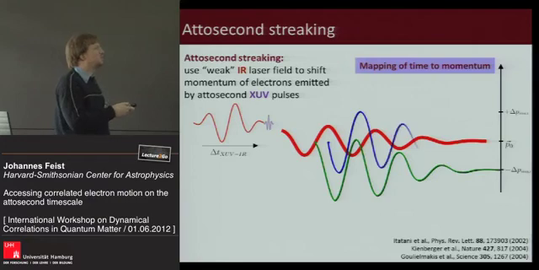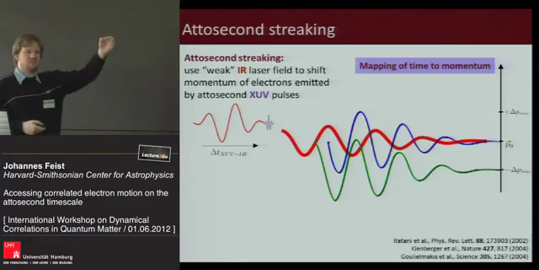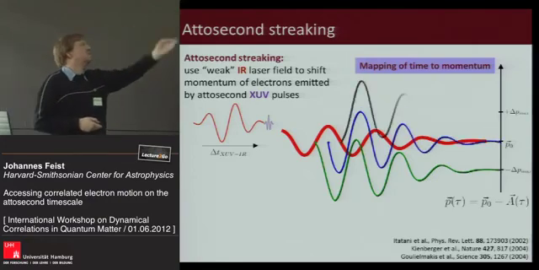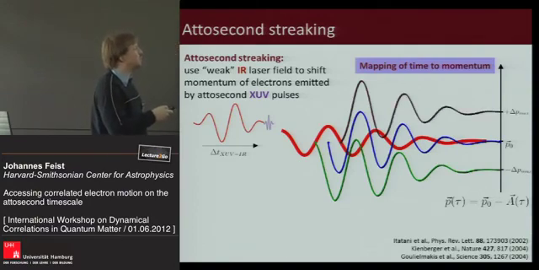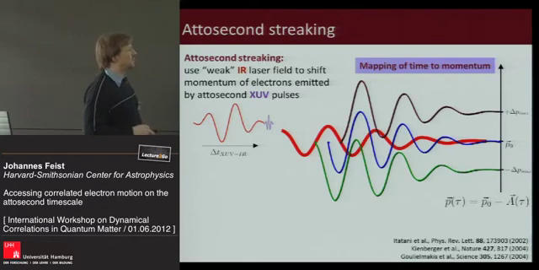And basically what you have, the electron comes into free space out of the atom, and then the momentum shift it acquires is just the integral over the electric field from the moment of ionization, and that's just the vector potential of your light wave at the moment of ionization.